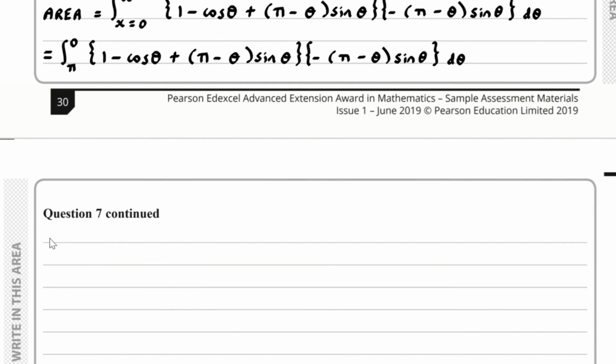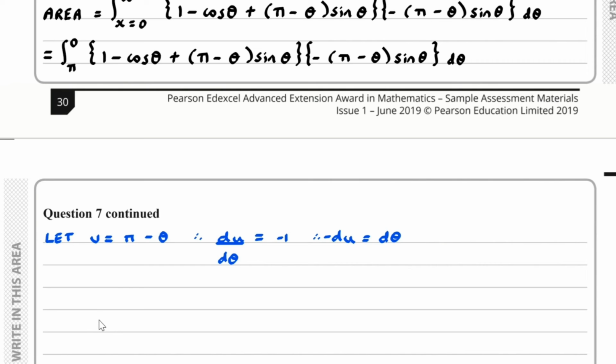So if I let u equal pi minus theta, then du divided by d theta equals minus 1, and therefore du equals negative d theta. In other words, negative du equals d theta.